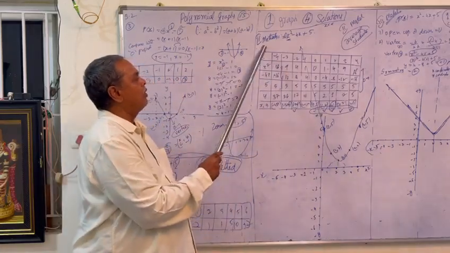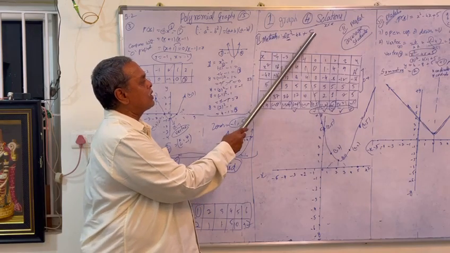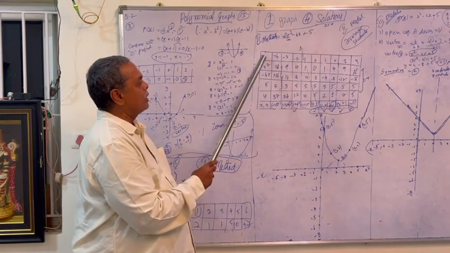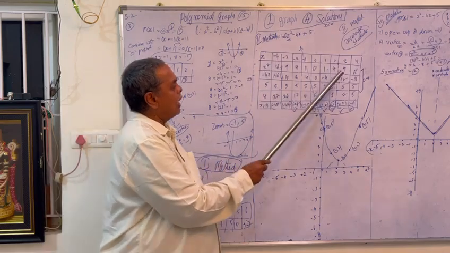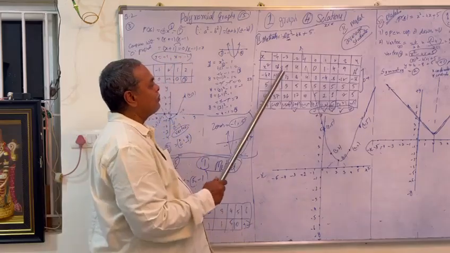First we have taken y is equal to x square minus 4x plus 5. Here for the x coordinates we will have to take minus 4 to plus 4, then we will get the graph in a perfect way.